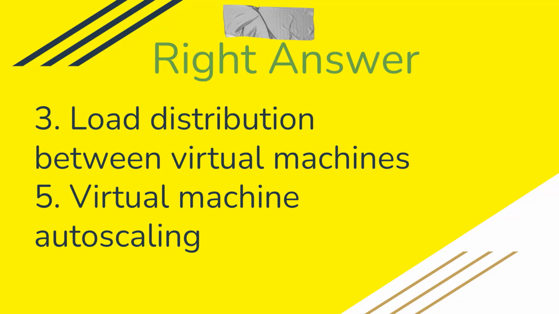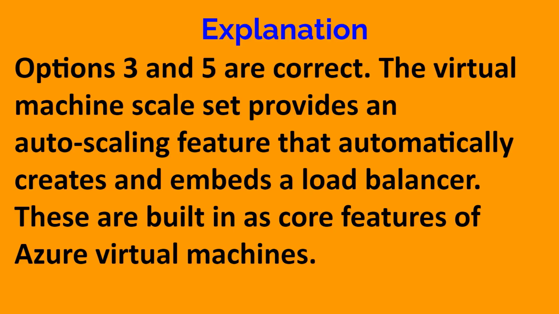Load distribution between virtual machines and 5. Virtual machine auto-scaling. Explanation. Options 3 and 5 are correct. The virtual machine scale set provides an auto-scaling feature that automatically creates and embeds a load balancer. These are built in as core features of Azure virtual machines.